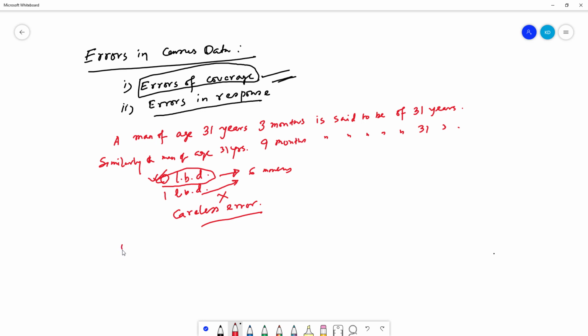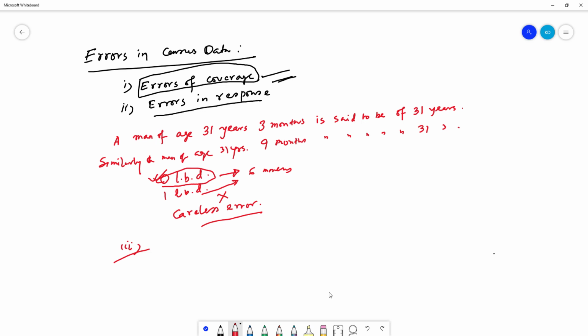Next point, since people enjoy certain legal and social advantages on reaching majority, that is age 18, young people often tend to report their ages as 18 before actually reaching that age.